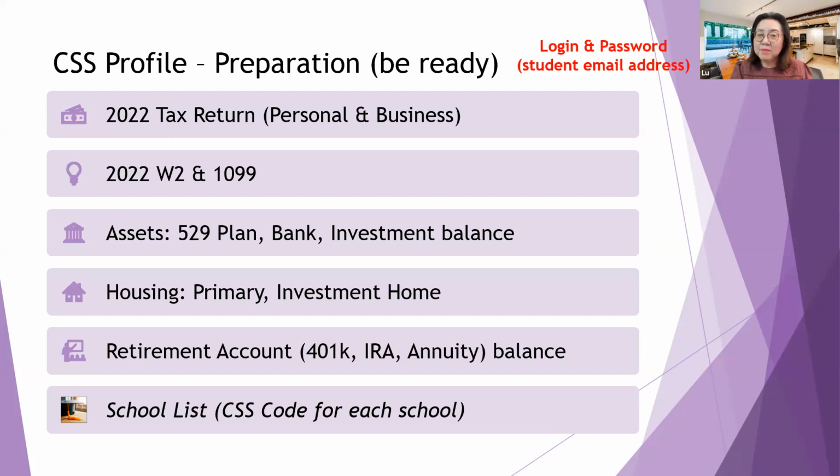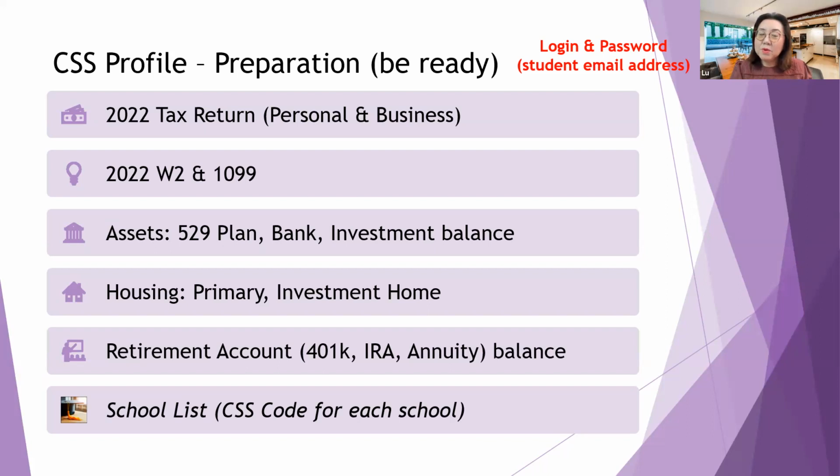For housing, not just your investment home information, you also need the information about your primary home. Later on, we're going to share with you what information is required. Retirement accounts: unlike FAFSA, you do need the most current balance from your retirement accounts. That includes your 401k, your IRA, your SEP IRA, your Roth IRA, your annuity, anything that's in the retirement portfolio.